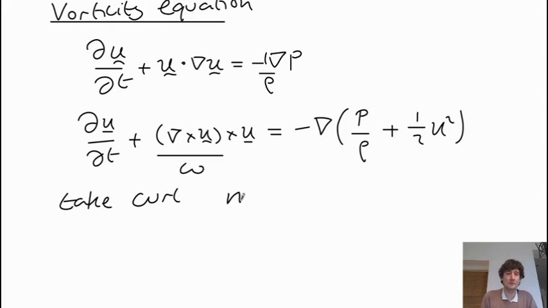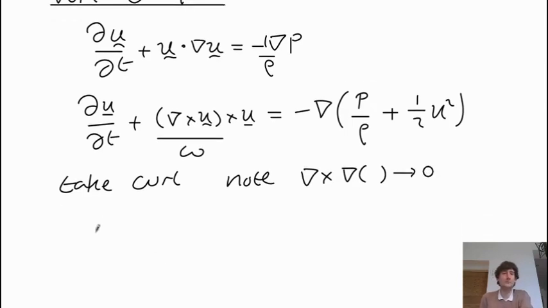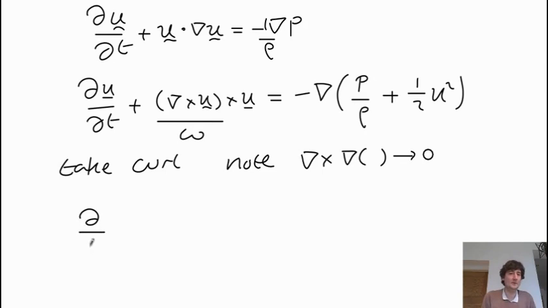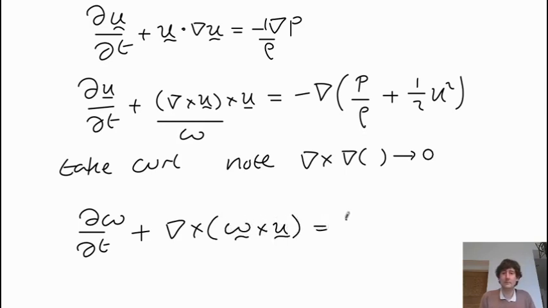So note, the curl of a gradient is 0, and so we just write d by dt of the curl of u, which is the vorticity, plus the curl of this, which is the curl of vorticity cross u, equals 0.